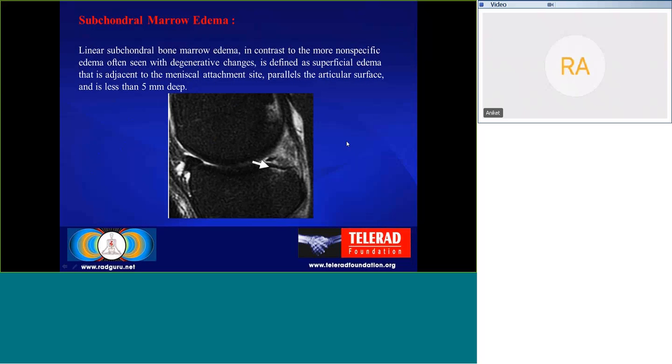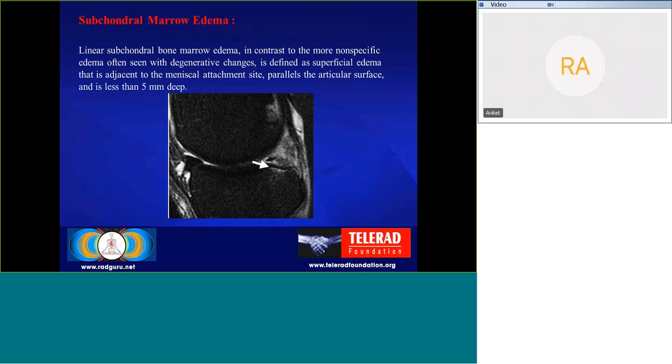Next one is the subchondral marrow edema. So linear subchondral bone marrow edema is also one of the indirect signs. Whenever there is superficial bone marrow edema adjacent to the meniscal attachment site, parallel to the articular surface, where its depth is less than 5 millimeters, we have to suspect the meniscal tear, because marrow edema can also be seen in case of contusions, but it's not superficial.